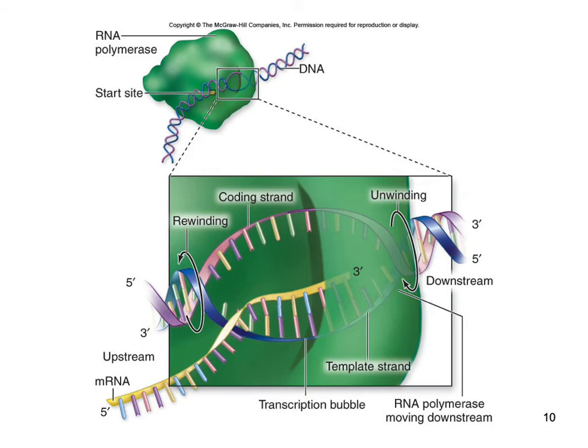But as soon as the DNA starts winding back up to its original shape, this RNA piece is going to fall off and be a separate free-floating piece of nucleotides. And we call it the messenger RNA or mRNA. Okay, so elongation is the process of making the messenger RNA from the template strand as a complementary copy.